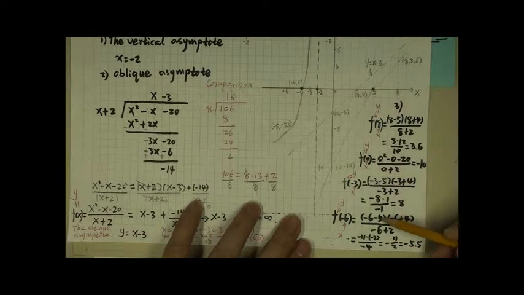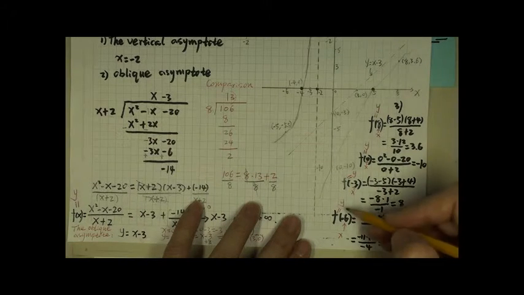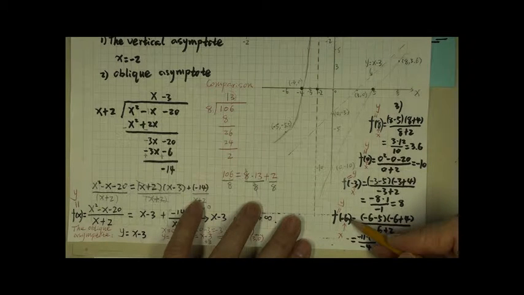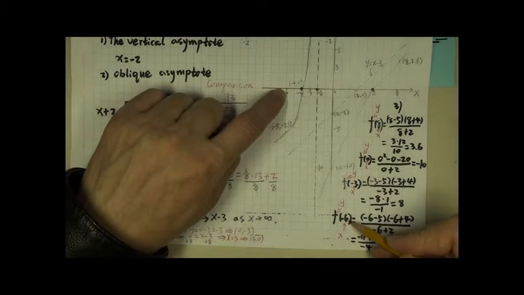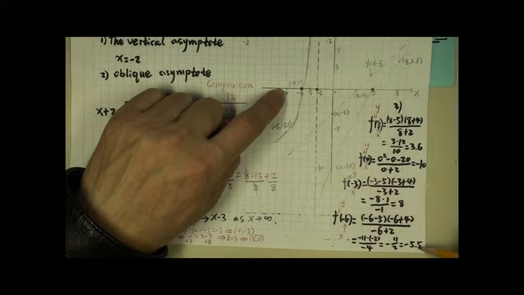Upstairs you have negative 6 minus 5, which is negative 11, and negative 6 plus 4, which is negative 2. Three negatives make a negative. Negative 11 times negative 2 is 22, divided by negative 4, so the answer is negative 5.5. For x equals negative 6, y is negative 5.5.